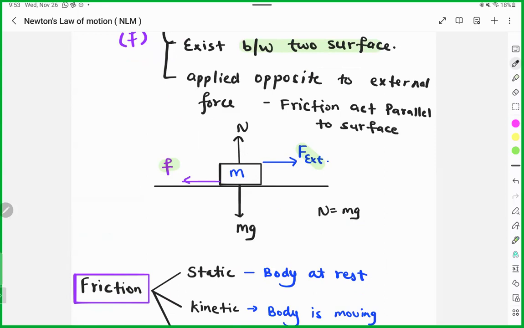Example, normal act perpendicular to the surface, right? But friction, this friction, small f, is going backward direction and this is parallel to the surface. So some people ignore this word parallel because this small thing help you to solve even tough question. Okay?